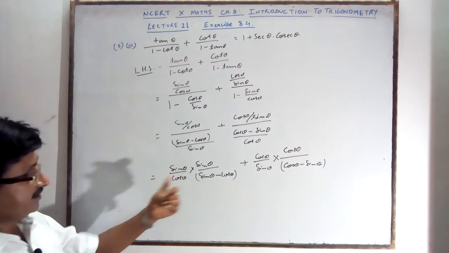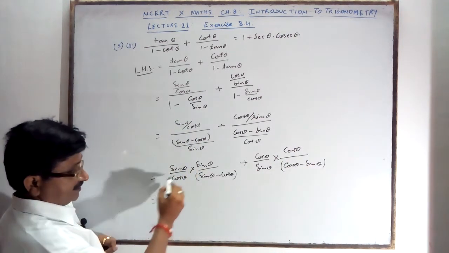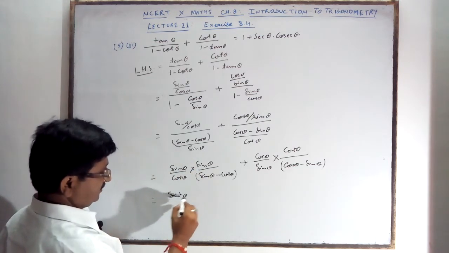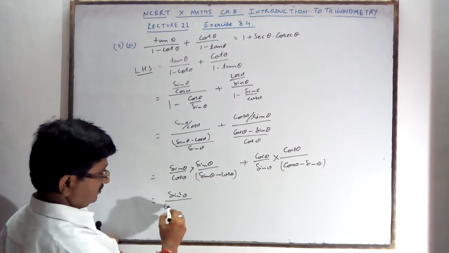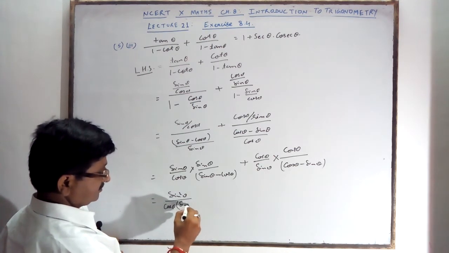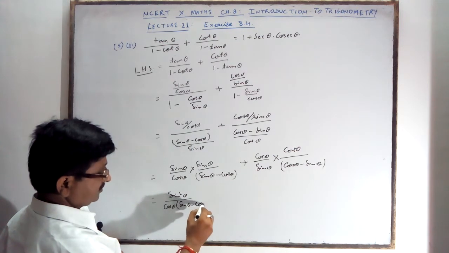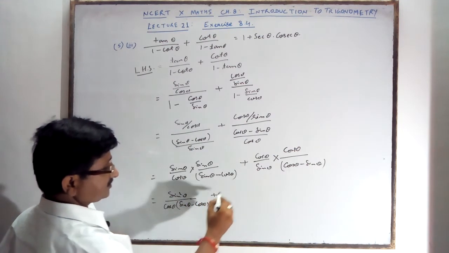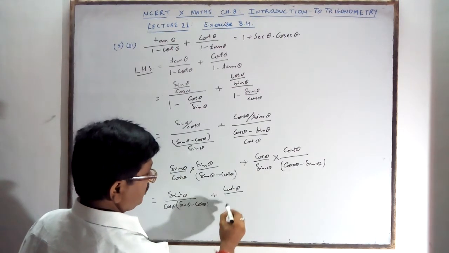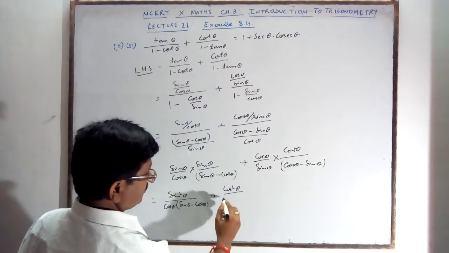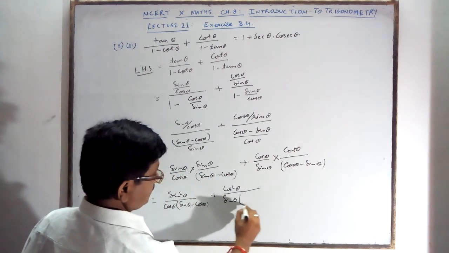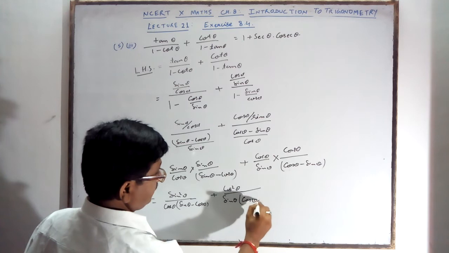Then here sin and sin will give you sin square theta upon cos theta bracket sin theta minus cos theta, plus cos into cos will be cos square theta upon sin theta into cos theta minus sin theta.